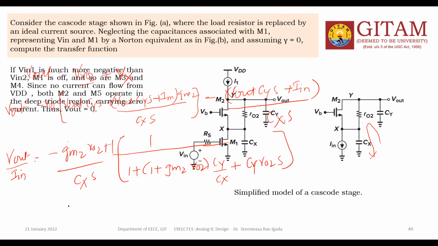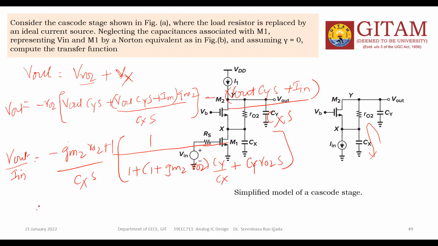So suppose gm2 into R02 is far greater than 1, and one more, gm2 into R02 into Cy by Cx is also far greater than 1.